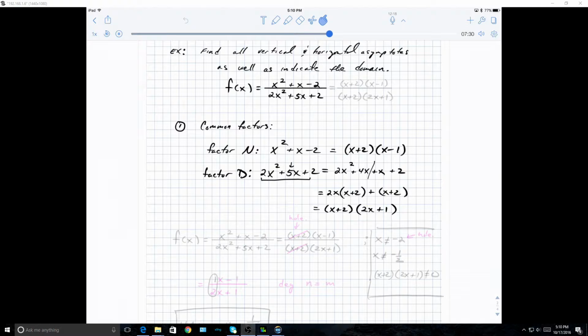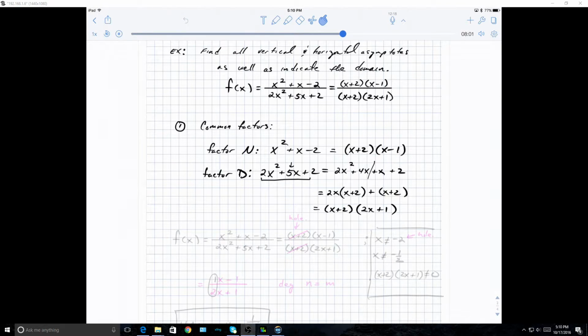Alright, so now that we have the factors for both the numerator and the denominator, we're going to put them right next to our expanded version. So we have the quantity x plus 2 in the numerator times the quantity x minus 1, and we have, oh, look at that, x plus 2 times the quantity 2x plus 1.